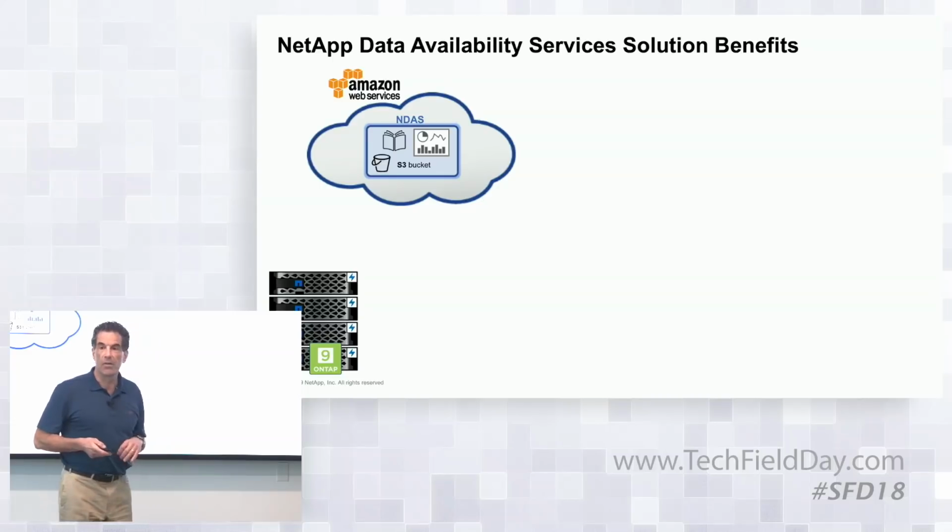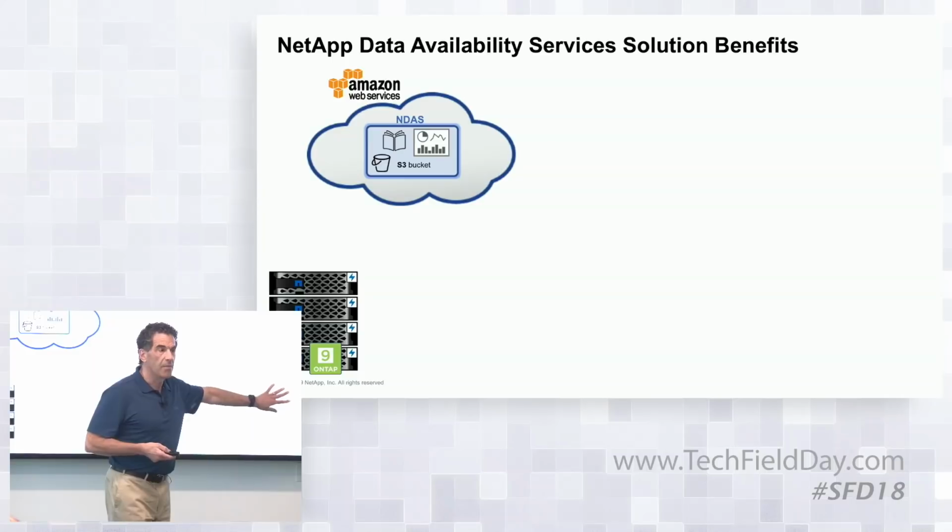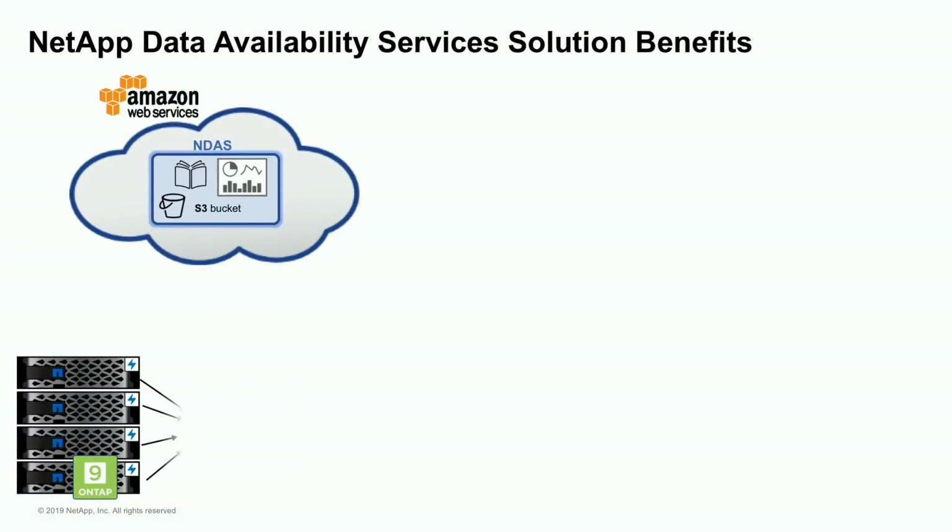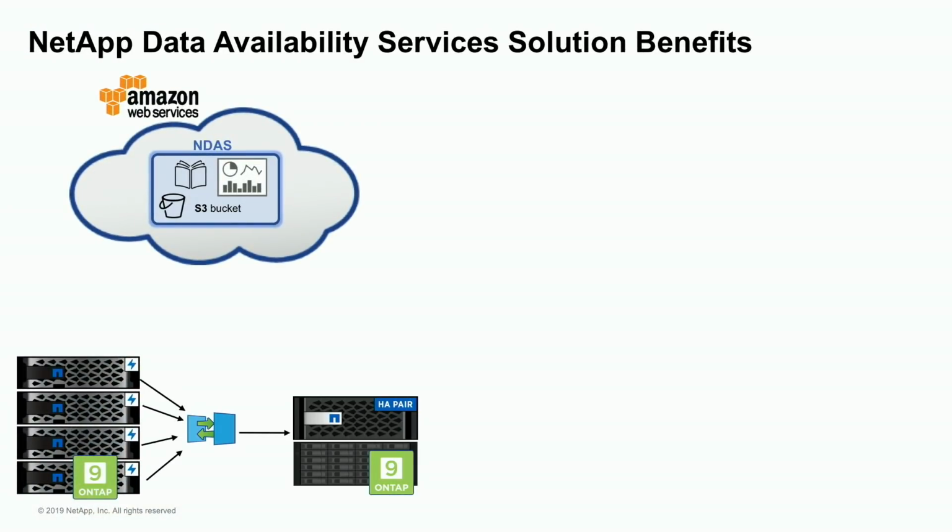So a typical workflow in the early days of NDAS, if you look at the bottom of the screen here, is you start with a primary system where you capture your data initially. You leverage SnapMirror, and this is all under the scenes, by the way. The customer is not exposed to this. We abstract that, okay? But use SnapCenter to move the data and back it up and replicate it to a secondary system.